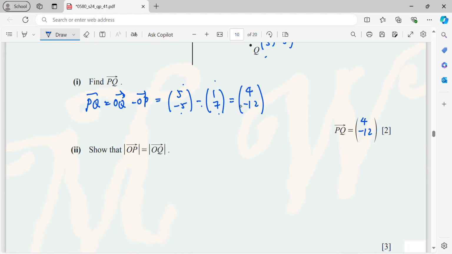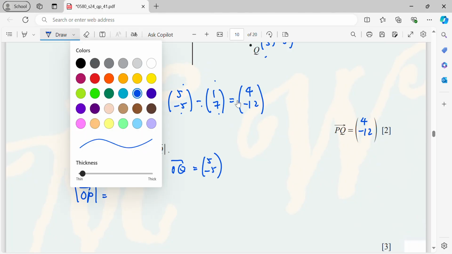Now show that magnitude. These two straight lines mean magnitude. Magnitude is a length. Magnitude of OP is same as magnitude of OQ. So your OP equals 1, 7. Your OQ equals 5 minus 5. So your OP magnitude.